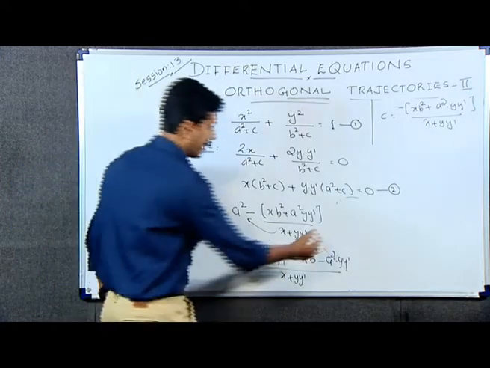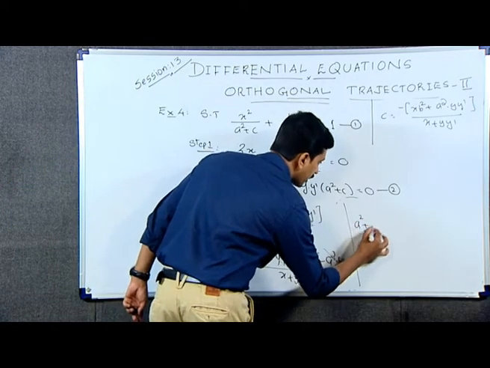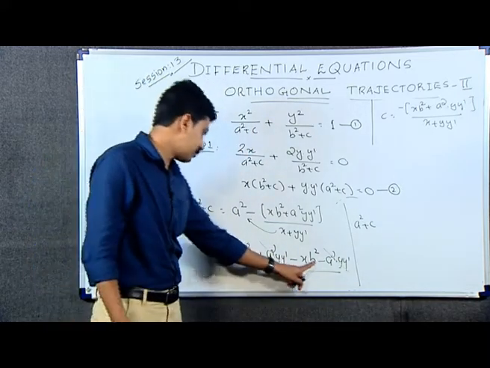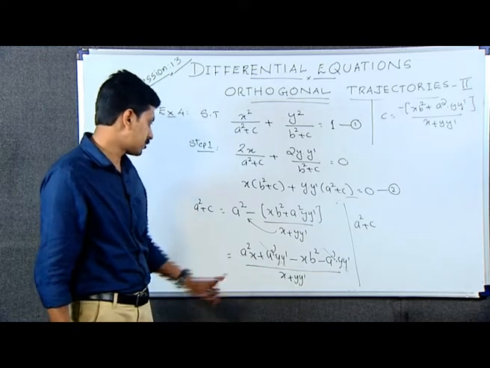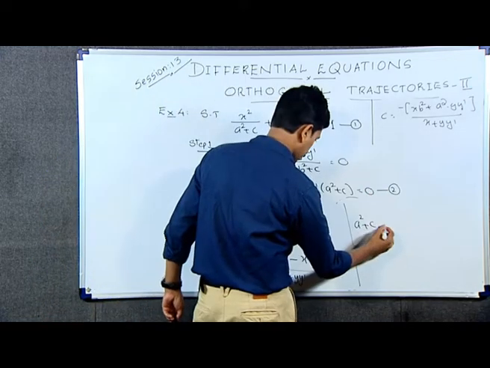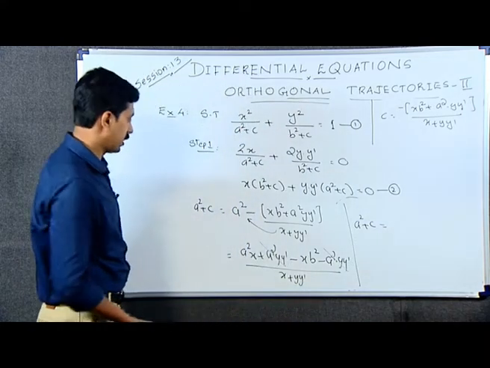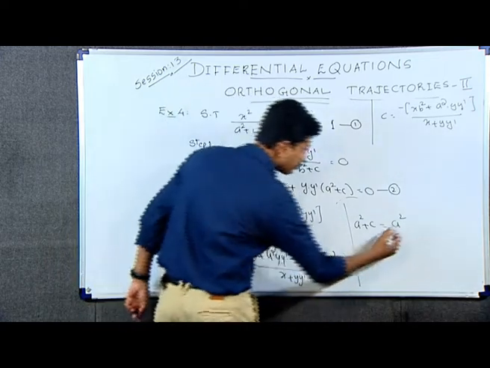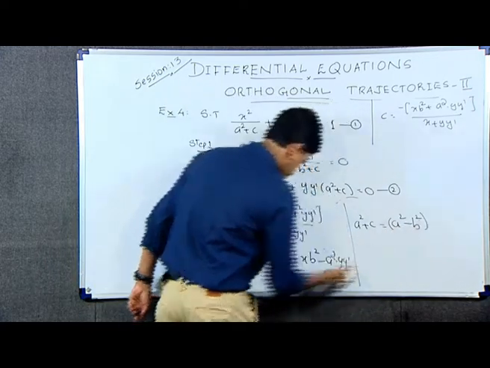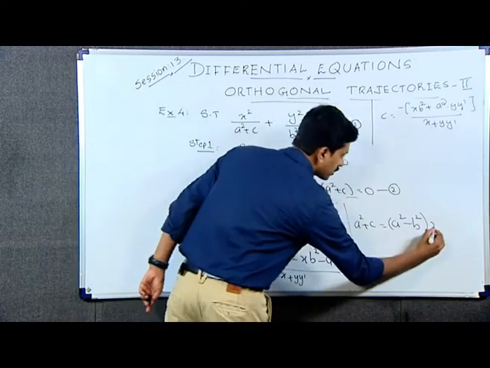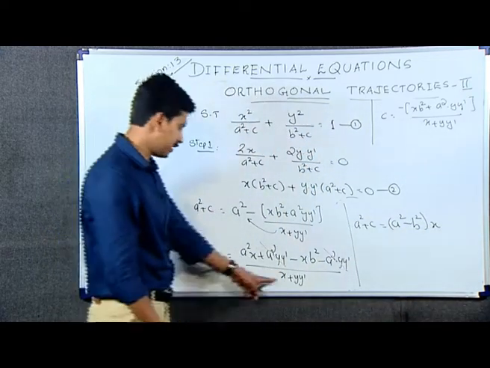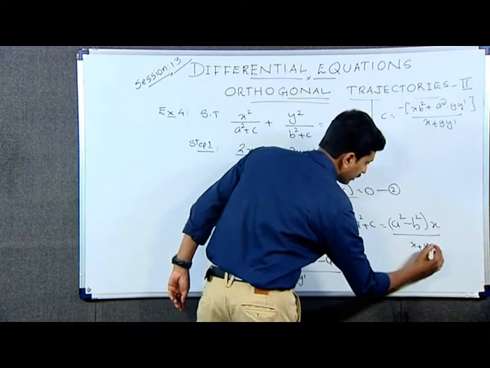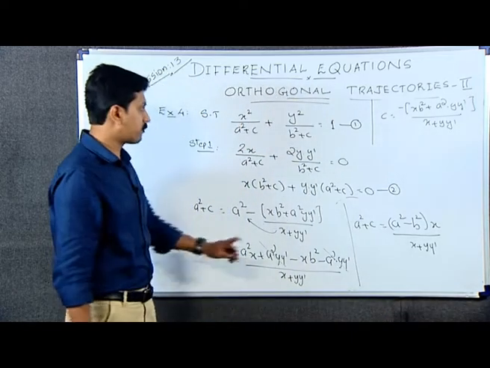After all, a square plus c is equal to a square minus b square, with x common in both, divided by the denominator x plus y y dash. So we found a square plus c.